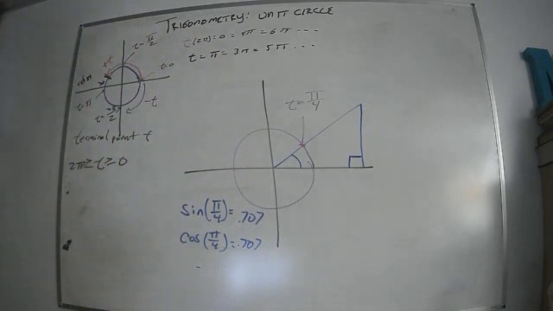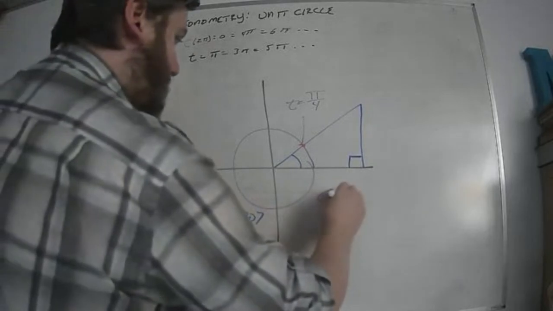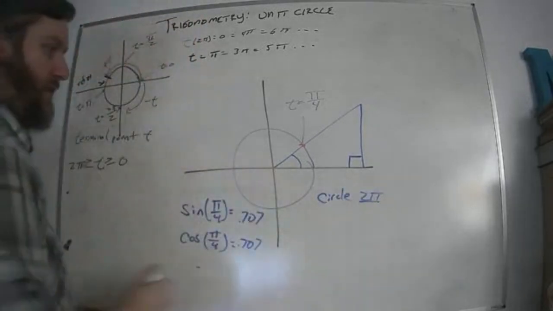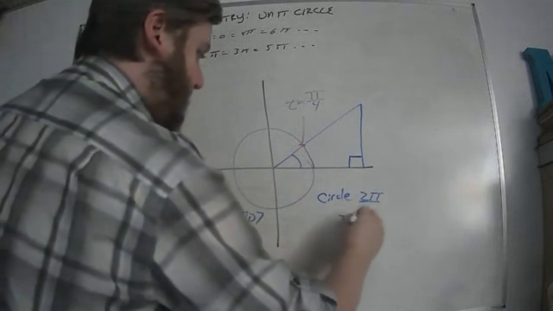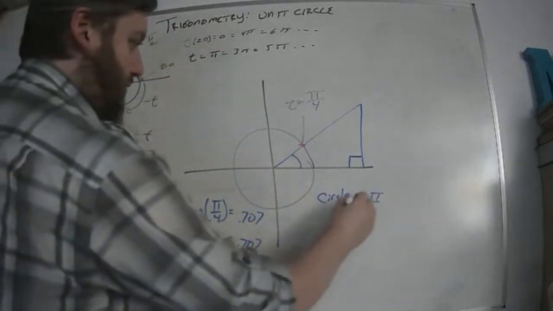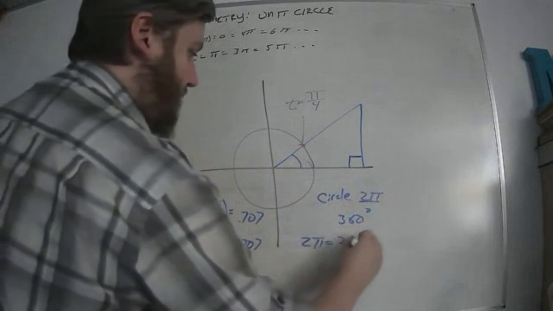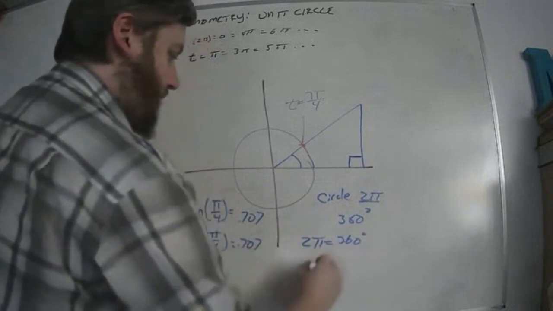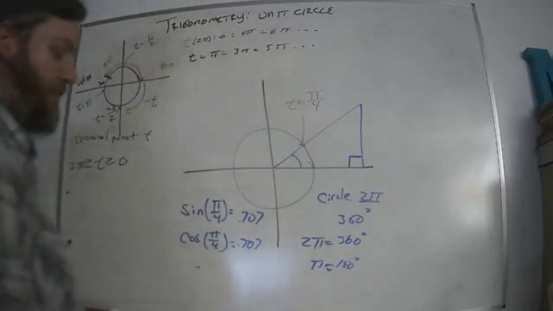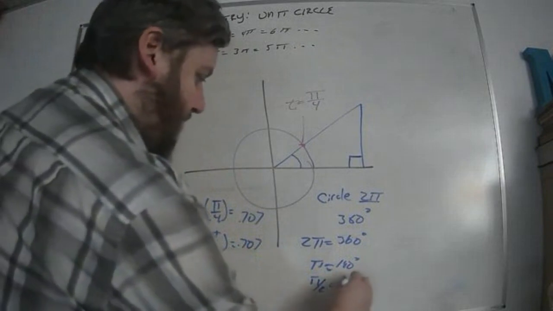Now, if I were to think of this in degrees, a circle is 2 pi distance. We also can say it's 360 degrees, right? So we can say that 2 pi equals 360 degrees, or pi is 180 degrees. So pi over 2 is 90.